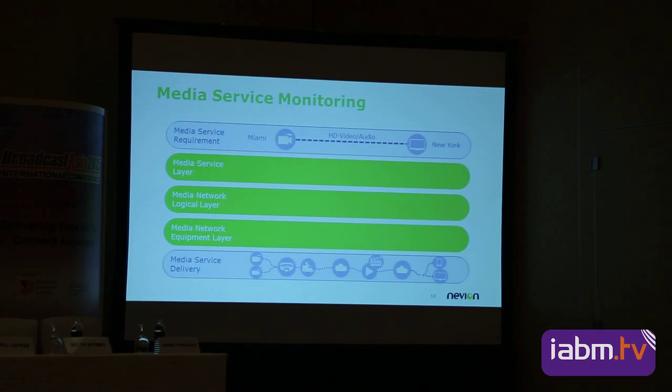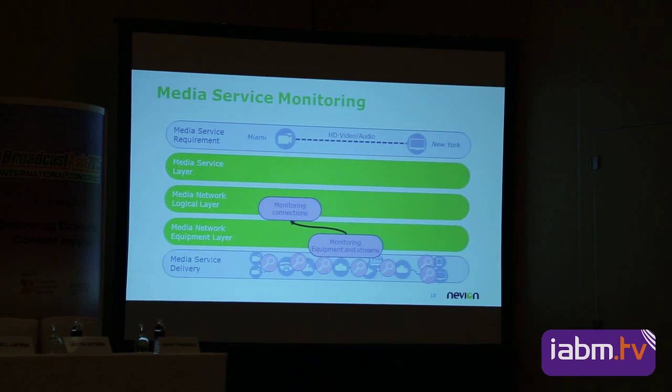And how you would do that, of course, is to have monitoring capability across all your nodes and elements, to monitor all the equipment and streams that are present. You'll start associating these streams and equipment with physical connections that are associated with services.